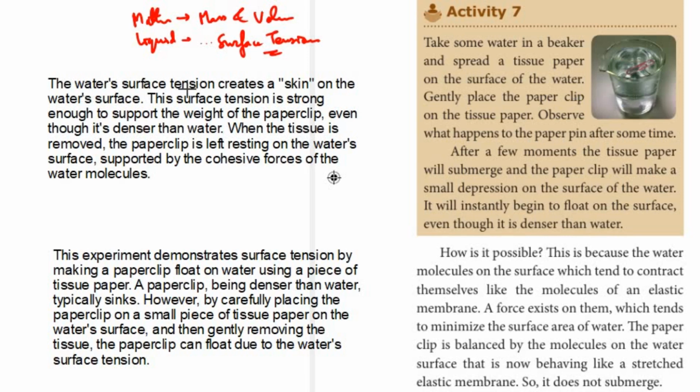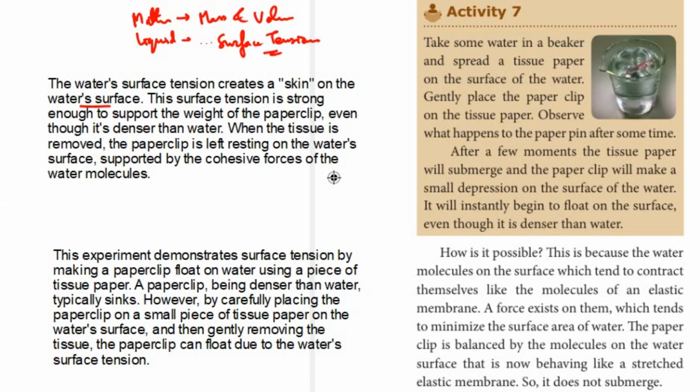What is happening is that this property of water in this particular activity, that is water surface tension, creates a sort of skin, just like our body, on the water surface. This surface tension is so strong that it can support the weight of the paper clip even though the paper clip is denser than water. So you understand?